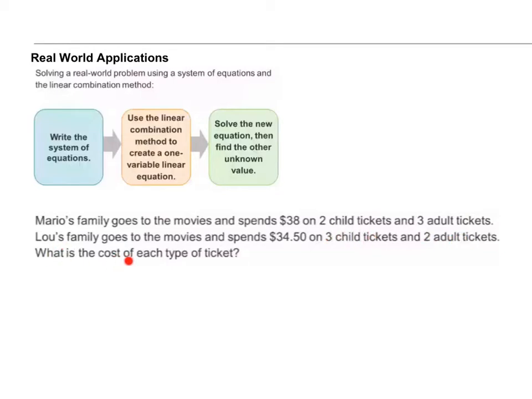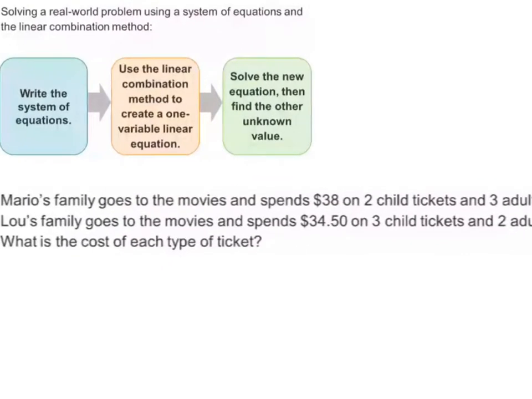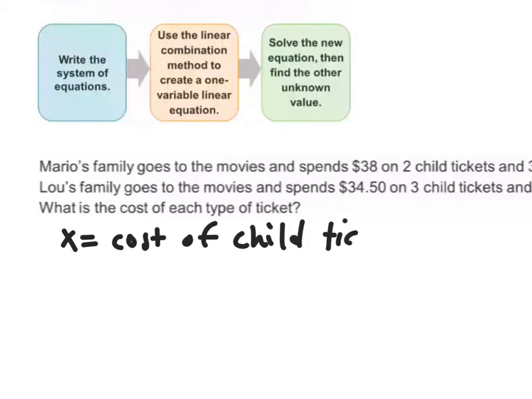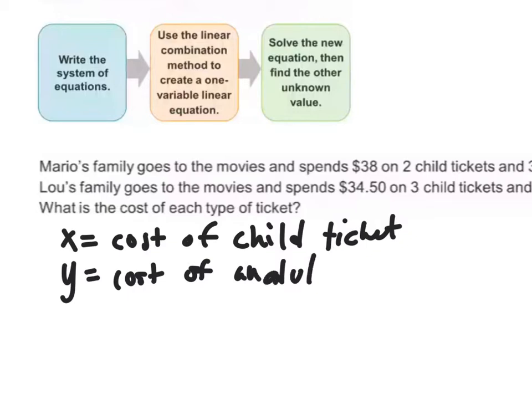And so we want to know what is the cost of each type of ticket. So what I want to do is this. I'm going to let x equal the cost of a child ticket, and I'm going to let y equal the cost of an adult ticket.